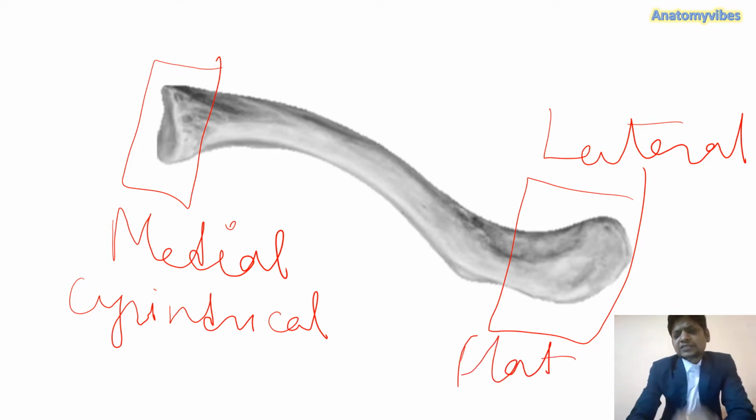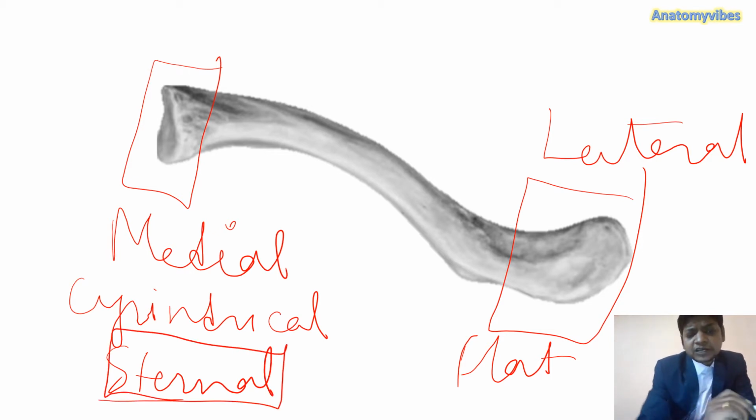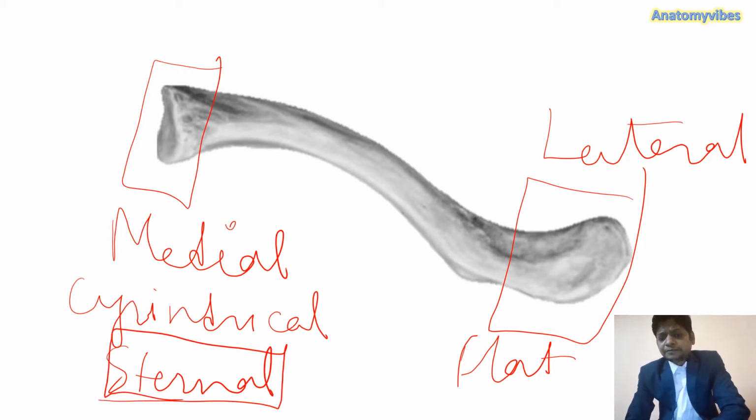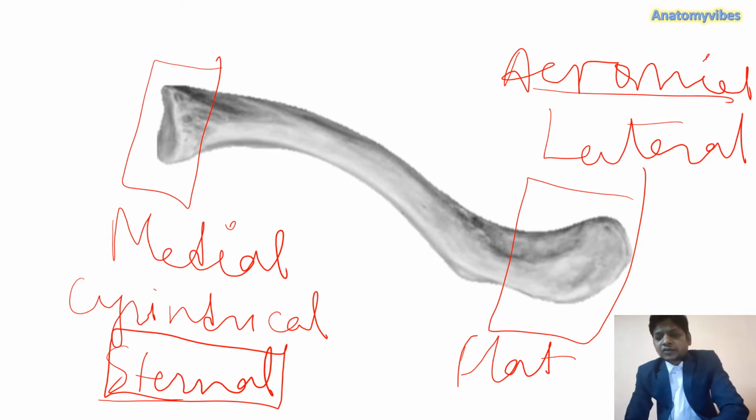So by this you can recognize the medial and the lateral end. Medial end is also termed the sternal end because it forms an articulation with the sternum, while the lateral end is also known as the acromial end because it forms a joint with the acromial process of the scapula.